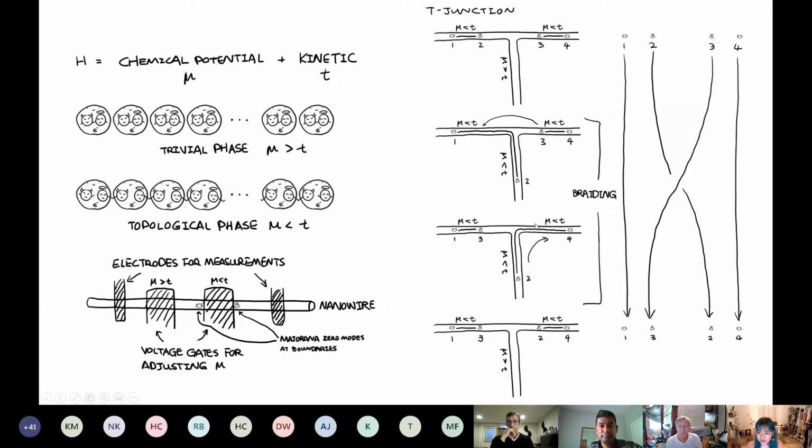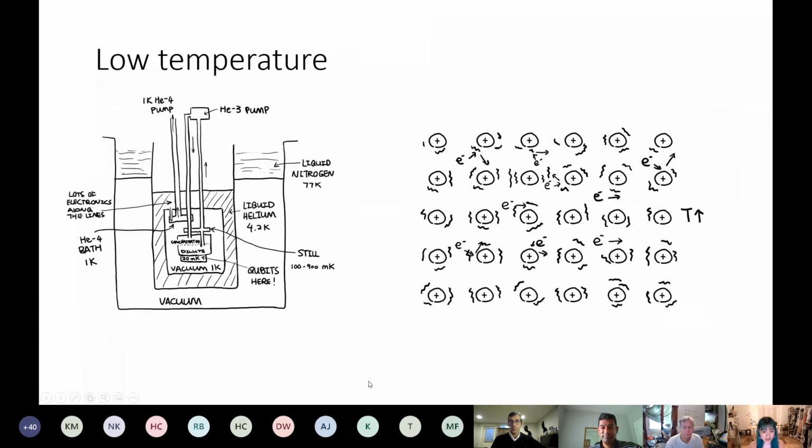So in this case, you can allow the braiding to happen between anyon 2 and 3 by just allowing them to move to a different place on the T-junction. This is a much simplified picture, but I just wanted to briefly explain how you can achieve this with actual materials. We also need to cool them down to low temperature.